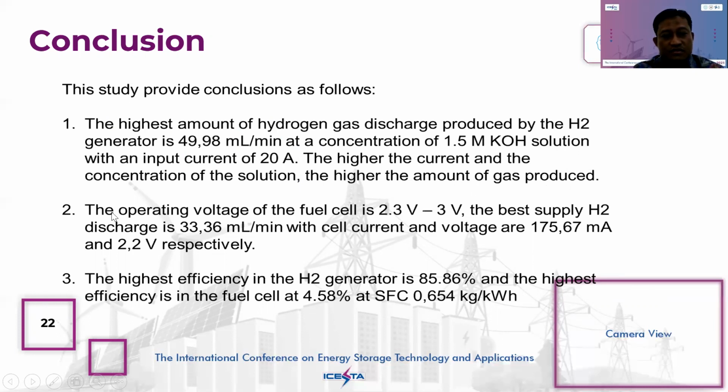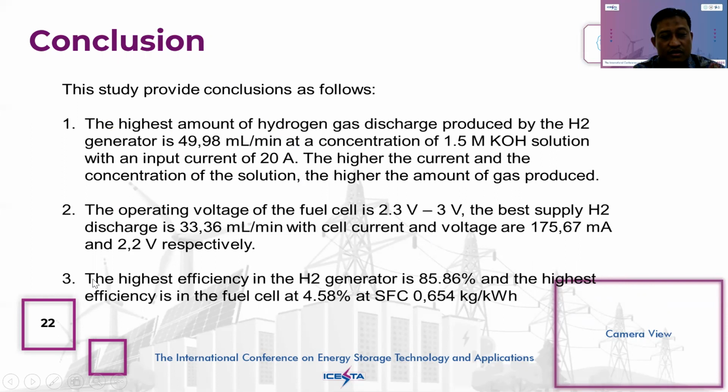Second, the operating voltage of the fuel cell is 2.34 volts. The base supply hydrogen discharge is 33 milliliter per minute with cell current and voltage of 175 milliampere and 2.24 volts respectively.